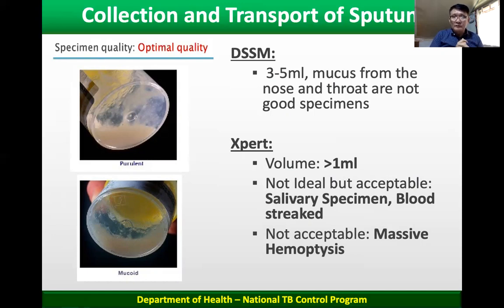Now let's move on. For Xpert, at least more than 1 milliliter. So when you say more than 1, it can be 2, 3, up to 4 milliliters. But there are also samples that are not ideal, but we can accept. What are they? Salivary specimen.